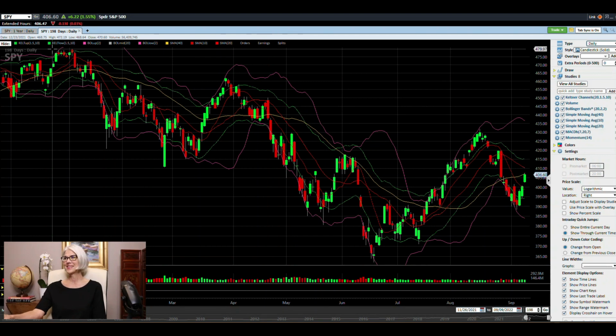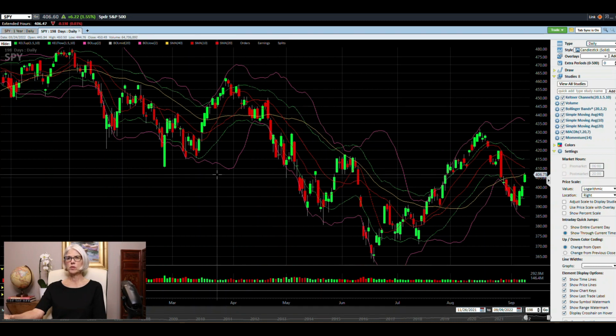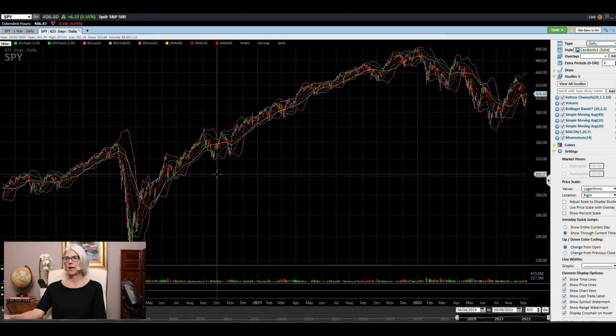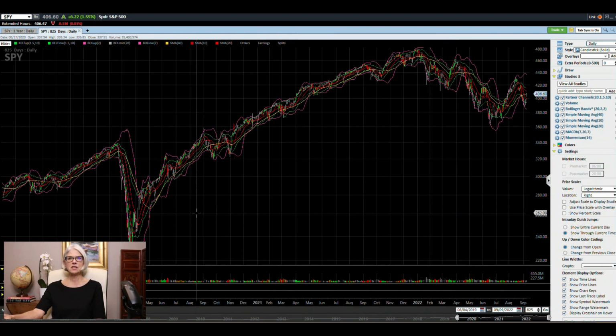This is 479, almost 480 up here at the top, and then down here it was about 364. That was a very dramatic drop. On a monthly basis, it doesn't seem as dramatic. Now we can do the same thing with a weekly and see the differences.